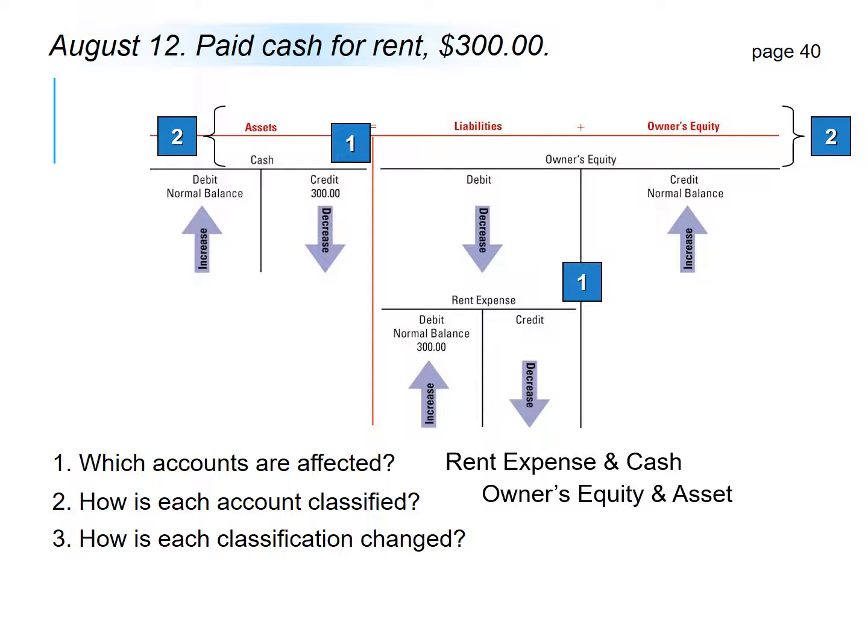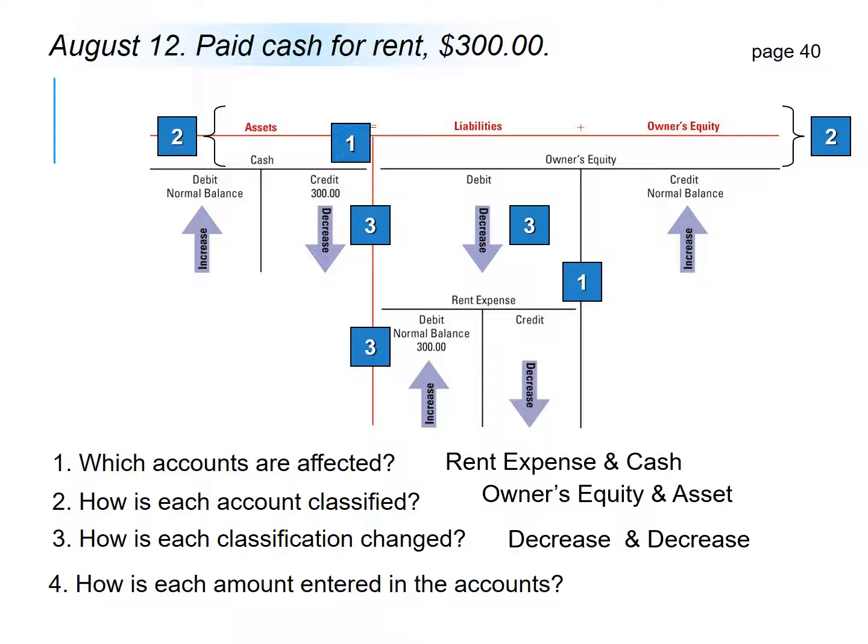How is each classification changed? We know that expense accounts decrease the value of the business, so owner's equity will be decreased. Cash paid out also decreases what we have in our cash account. So we have two decreases. How is each amount entered in the accounts?